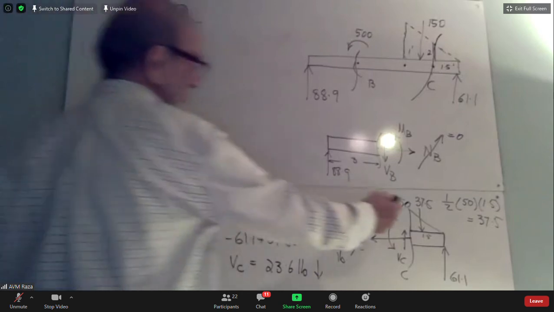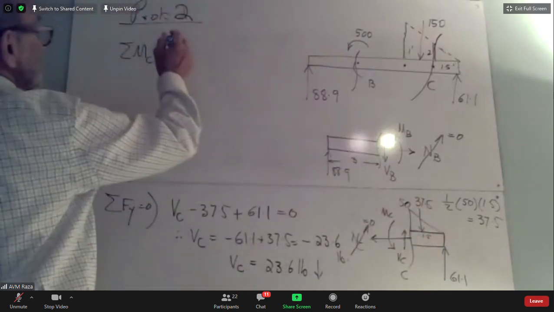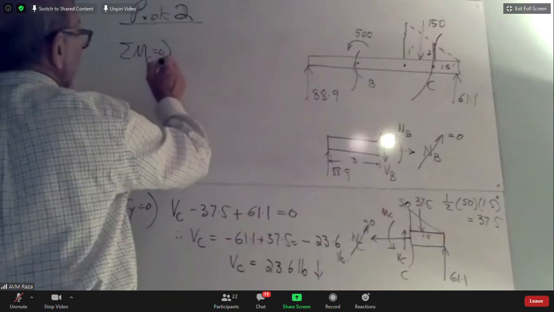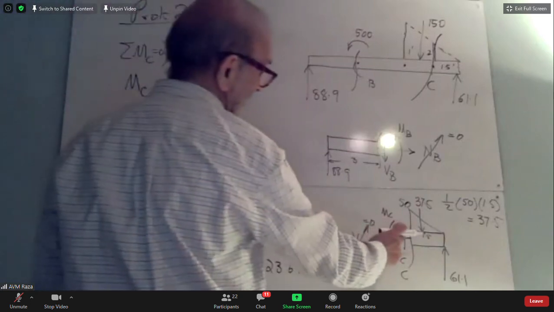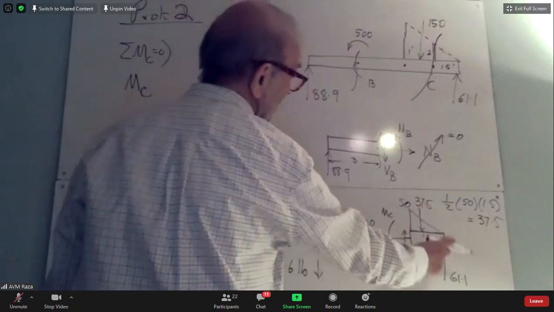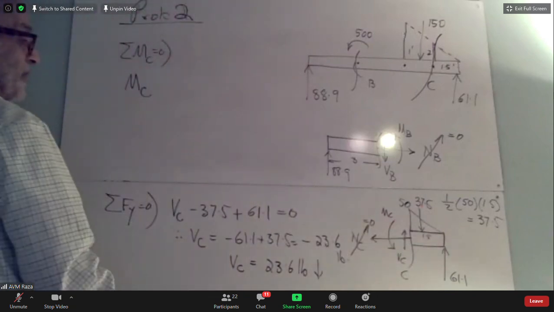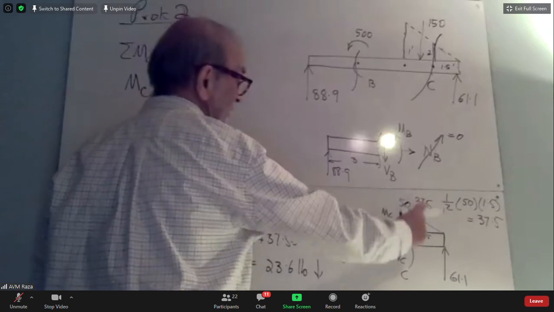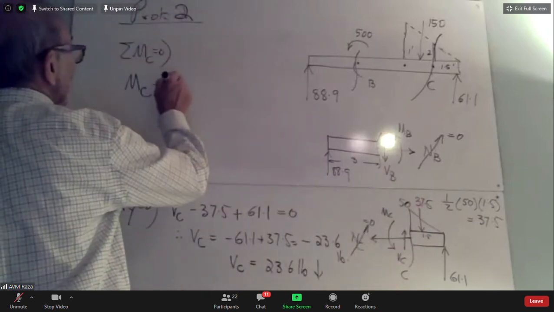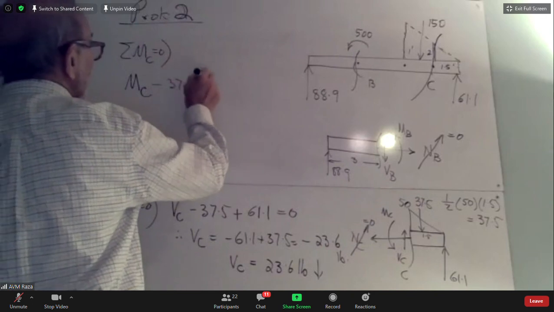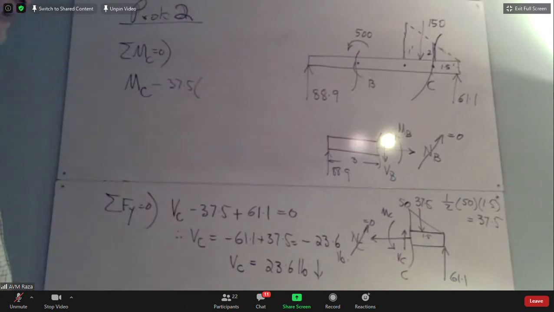Well, the first moment I see is MC itself, which is shown counterclockwise, so positive MC. And then this will not contribute anything, these two will. So the first moment would be due to 37.5 and it will be clockwise, so negative 37.5.